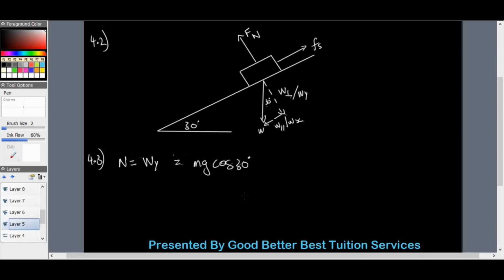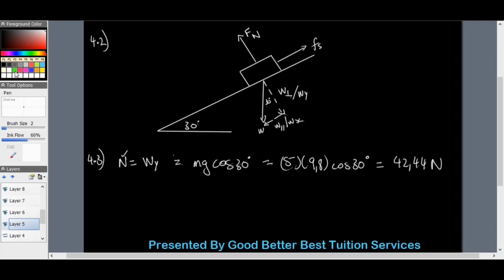Rearrange, we have Wy = mg cos 30, which gives us 5 multiplied by 9.8 multiplied by cos of 30 degrees, and we get an answer of 42.44 newtons.